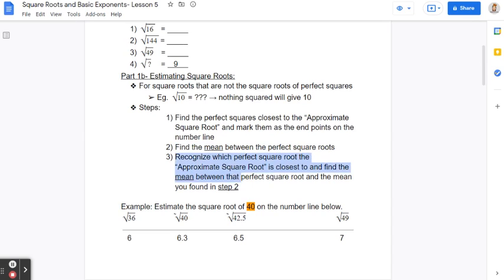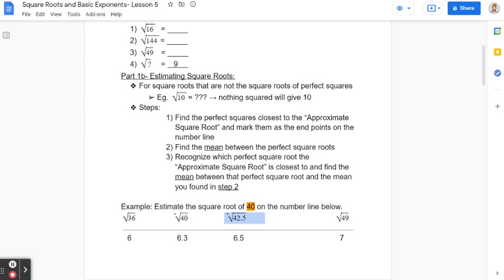Now, we're moving on to step 3, and we have to recognize which perfect square the approximate square root, which is 40, is closest to. If we were marking 42.5 in the middle, is 40 closest to 36, or is it closer to 49? And if 42.5 is in the middle, well, it's logical that 40 would be closer to 36.